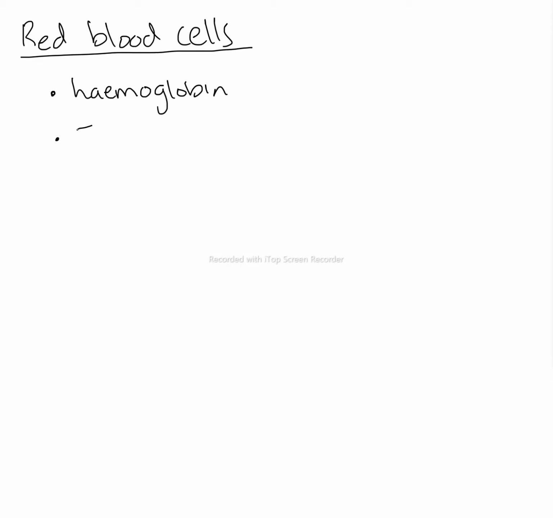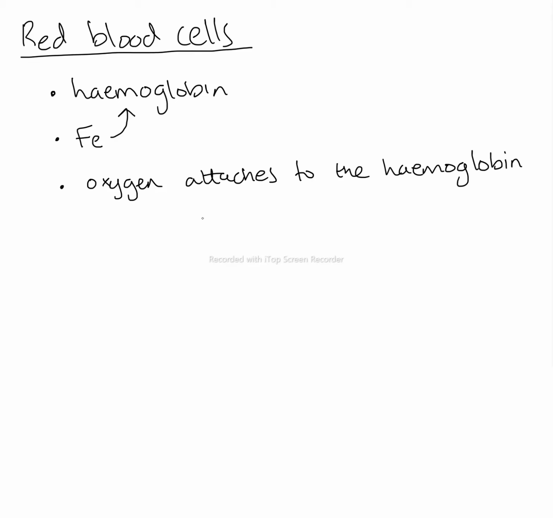So you need iron to help make those molecules, and that gives it its red color, I believe. Right, what's the purpose of hemoglobin? So oxygen attaches to the hemoglobin, and then gets transported and moves around the body.